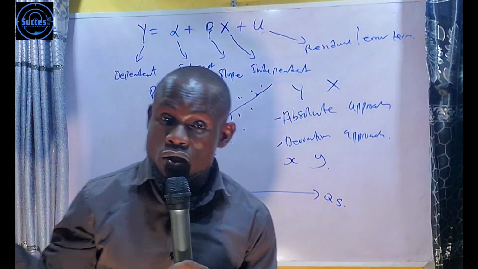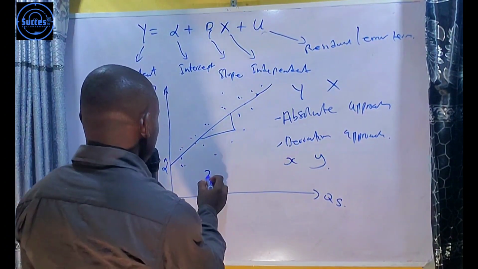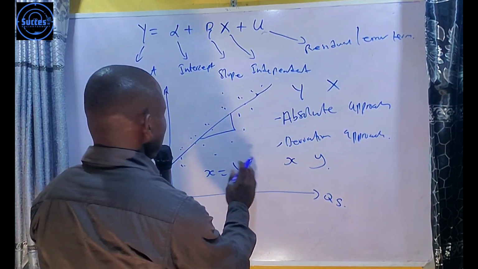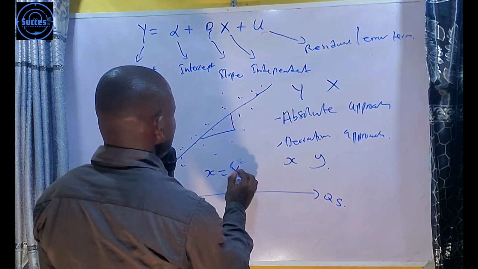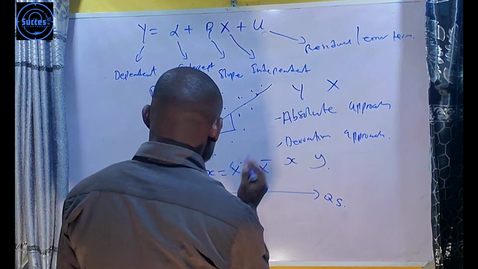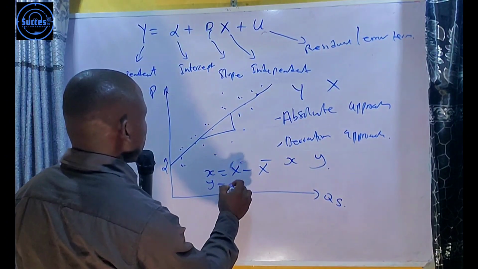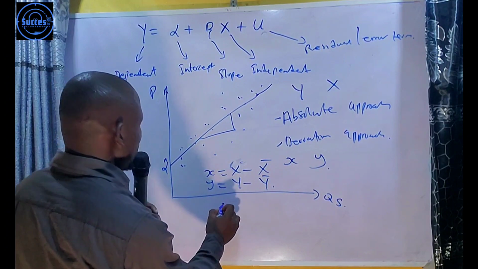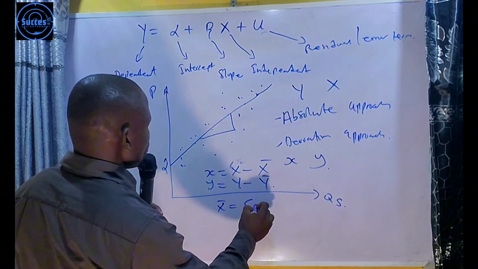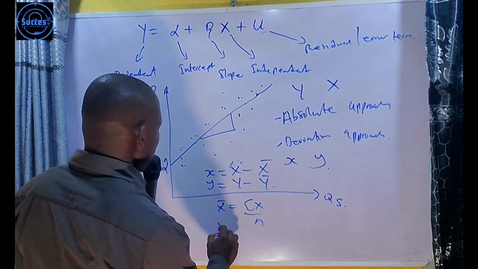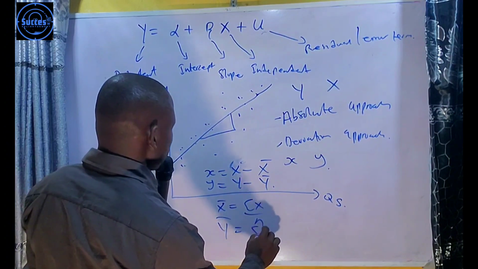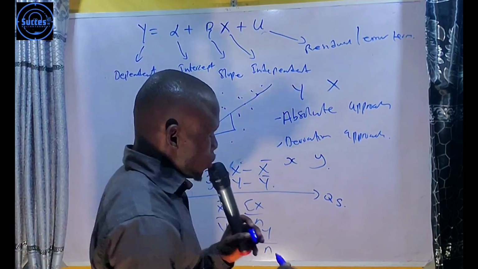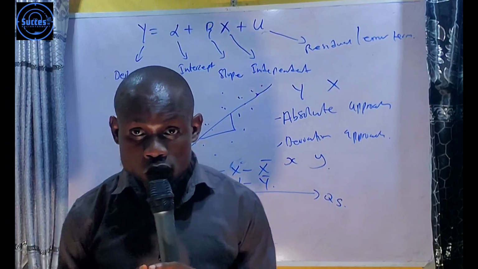From our knowledge of statistics, our small letter x will be capital X minus X bar, while our small letter y will be capital Y minus Y bar, where X bar equals summation X over N, and Y bar equals summation Y over N.